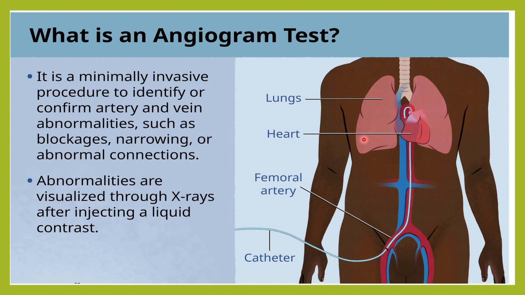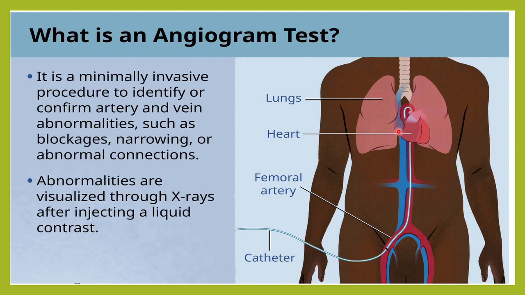So, हम इस पे क्या स्टडी करते हैं? We study how is this artery, how is this vein? Is there any blockage? Has the artery become narrowed, or is there any abnormal connection? Is there any kind of an aneurysm? So all this we can make out when we study this artery or the vein.